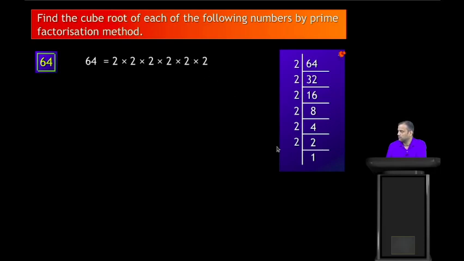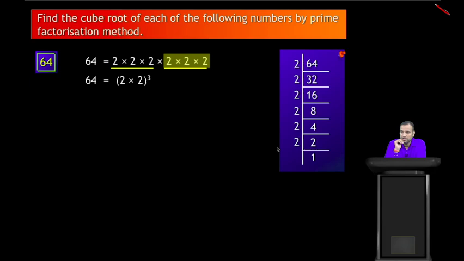So here we will make groups of 3 of each number. This is a group of 3 twos, and we can write this as 2 cube, and this is again 2 cube. We have to pick only one number from each group. So we can write this as 2 into 2 and its whole cube.